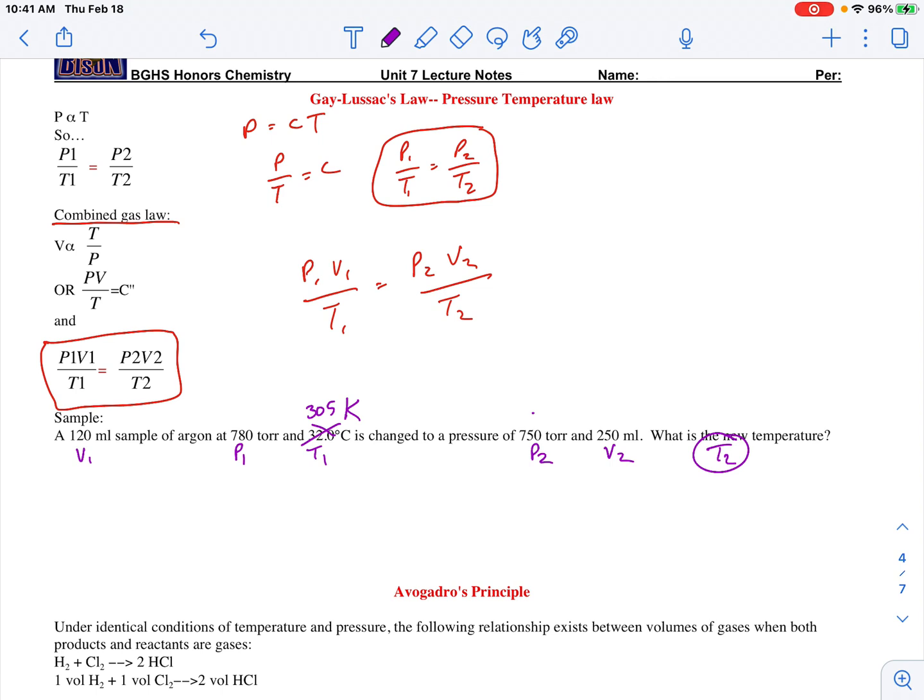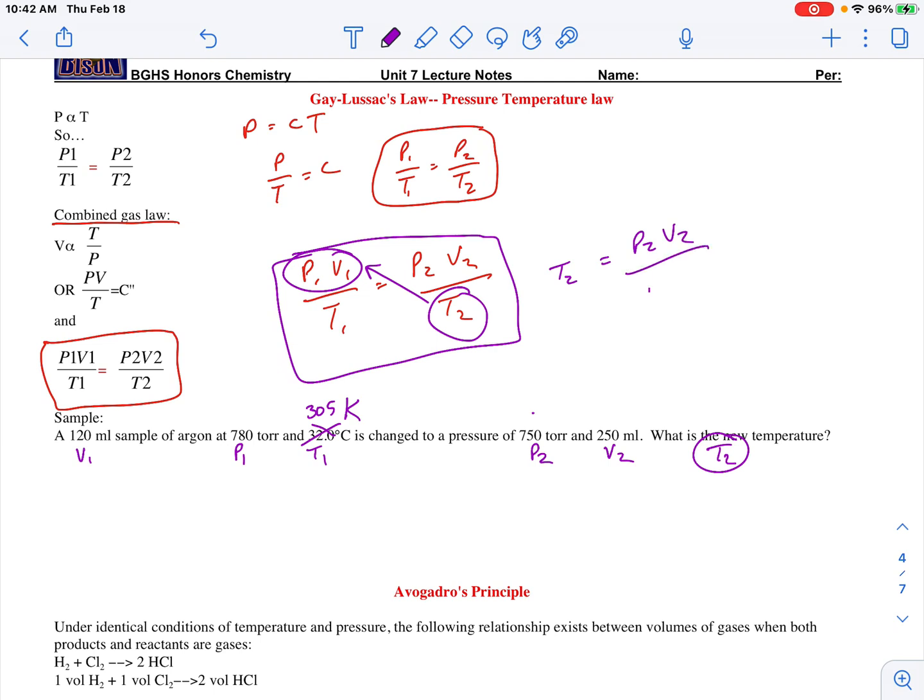So we need to rearrange our combined gas law to solve for T2. So if this is our combined gas law, and I want to find T2, I can go through and do the steps manually, but a little trick is these two will flip places, giving me T2 is equal to P2 times V2 over P1 times V1, and then I just multiply both sides by T1.